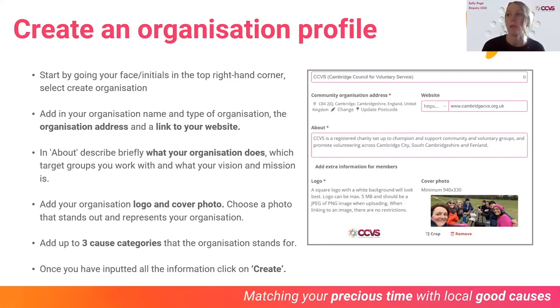You'll need to put in your community address. With this, you have a location box that you can type into, or you can do a search or drop down. We do want to get your address as accurate as possible, because that links to how volunteers find you, because they generally put on a parameter for how far they want to travel for volunteering.